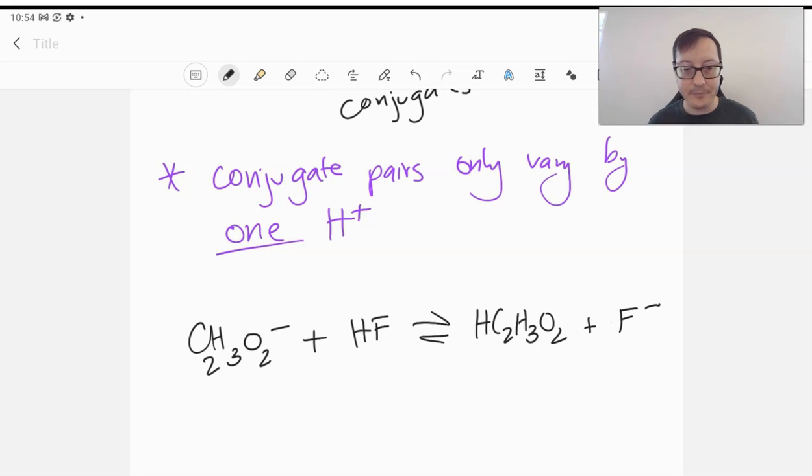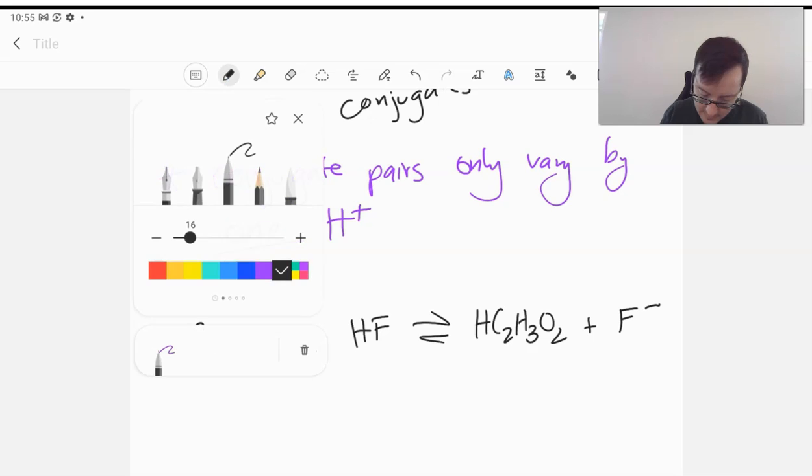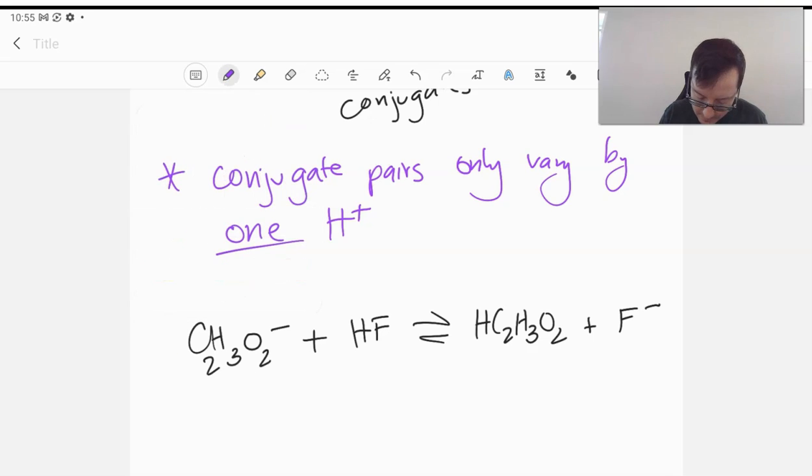Let's look at the following. We see we have acetate and hydrofluoric acid coming together. I guess I've revealed which one's the acid because the name is HF, hydrofluoric acid already, producing acetic acid and fluoride. Of course, we should be able to identify HF as the acid.